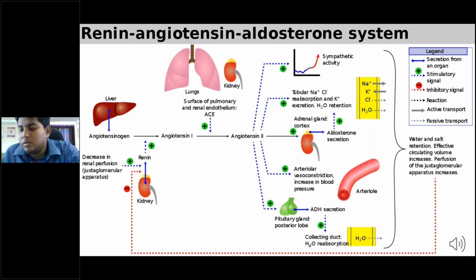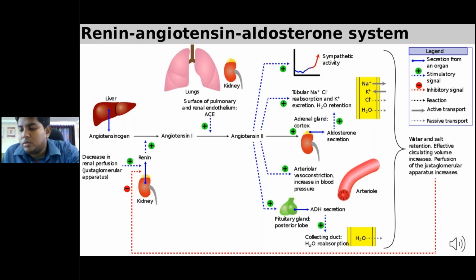Angiotensin 2 also increases sympathetic activity, causes arterial vasoconstriction, and promotes an increase in blood pressure. It stimulates the posterior pituitary, resulting in ADH secretion. Finally, it helps in improving blood pressure. The main function is water and salt retention.